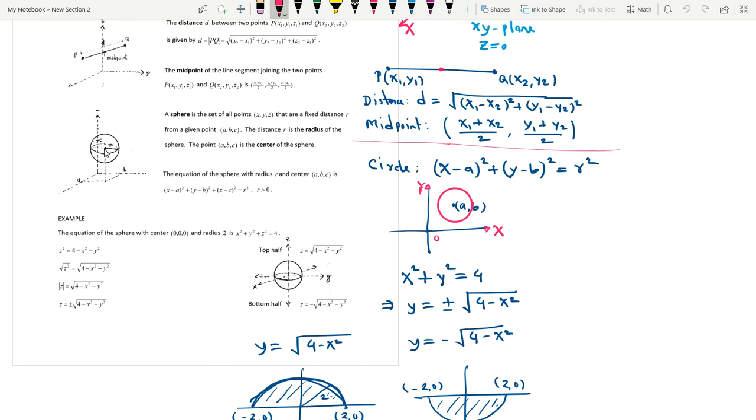So this is (a, b, c), and this is the radius of the sphere. So the standard equation of the sphere with radius r and center at (a, b, c) is x minus a whole square plus y minus b whole square plus z minus c whole square equals r square. So there is a similarity between this one and that one.